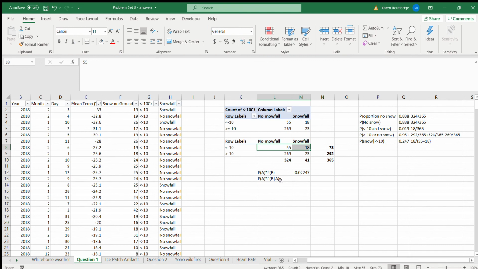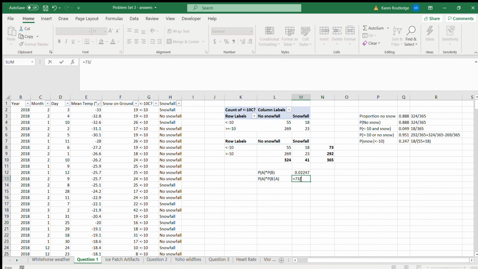So that's how we solve that particular case. And if we go back to our rules of probability, this probability of A times probability of B given A, this is our probability of B given A. If our probability of A, remember we're referring to this question up here, was less than minus 10 degrees, then 73 divided by 365 is our empirical probability for that.